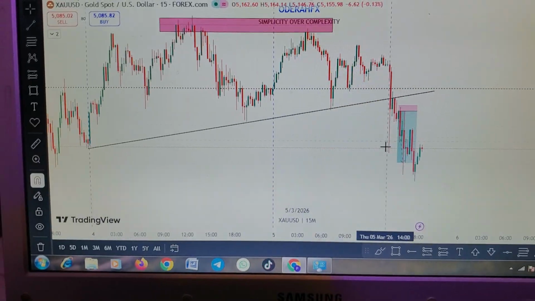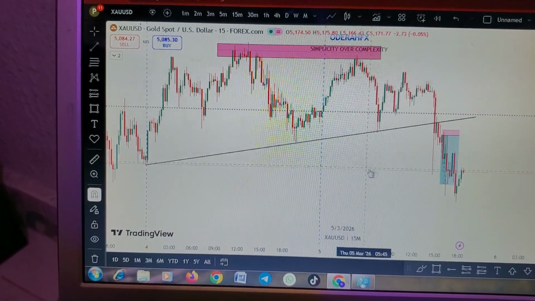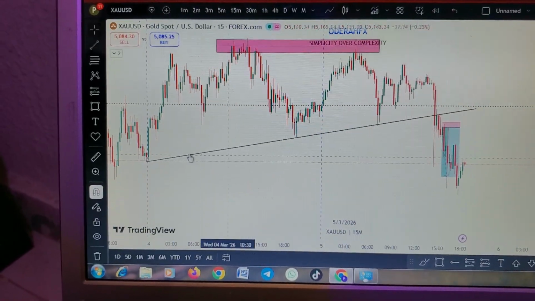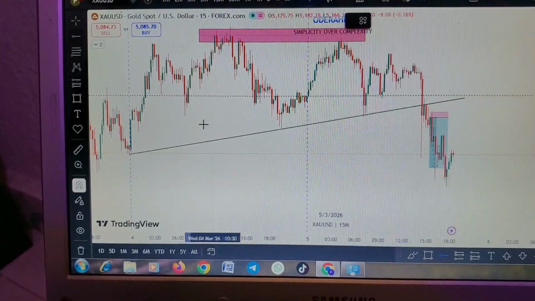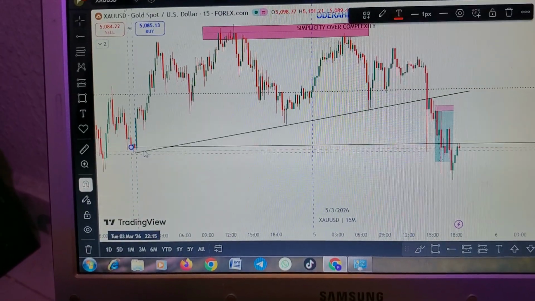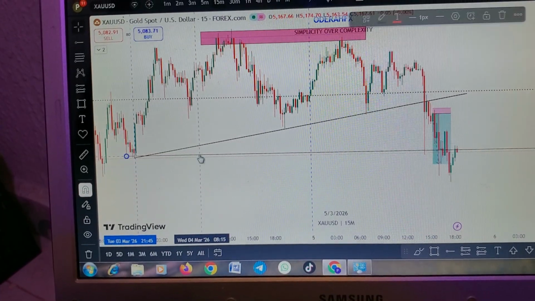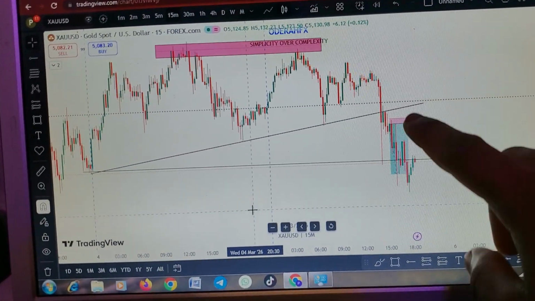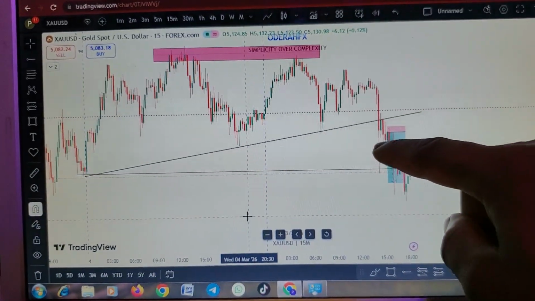It sold massively, and then this rejection happened on my previous day low. Let me indicate it to you guys too. So this drop came to my previous day low and rejected back up.